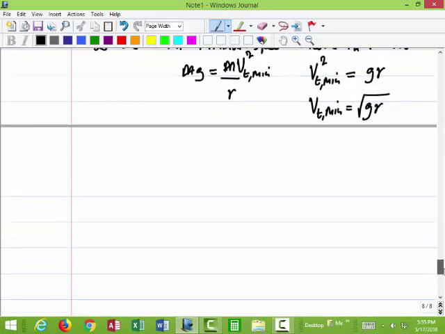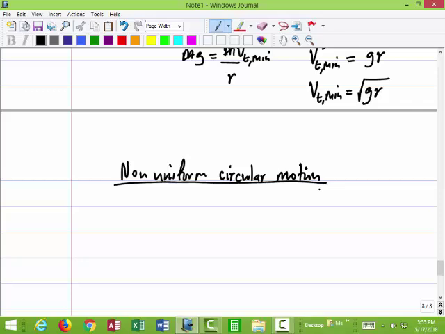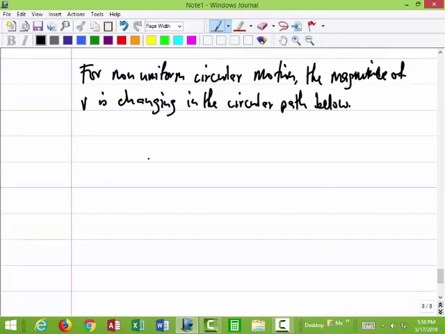Let's look next at non-uniform circular motion. Here the speed v is not fixed, and so there's an acceleration in the circular path. Let's draw our circular path again, with our speed v like that, and our centripetal acceleration, the radial acceleration, that way.